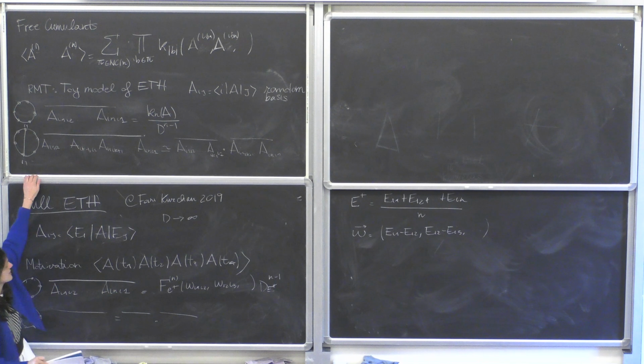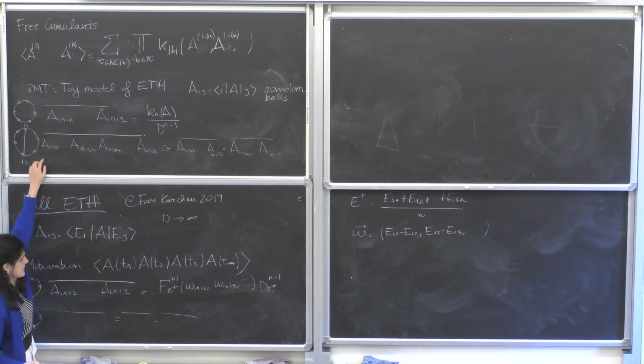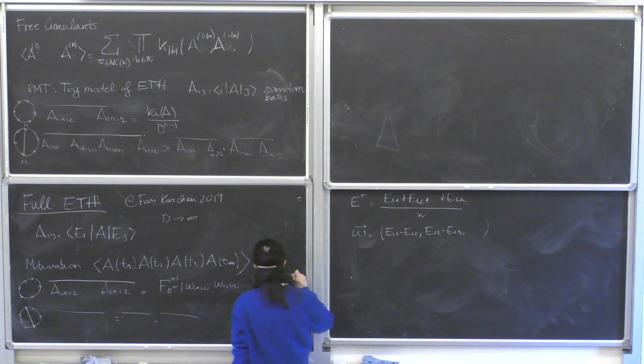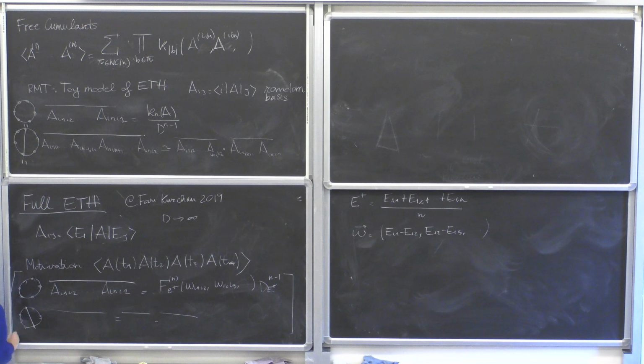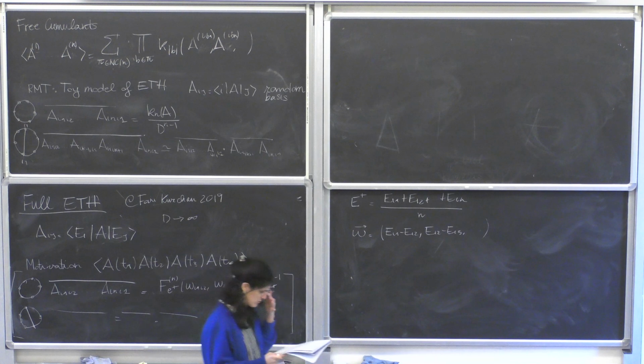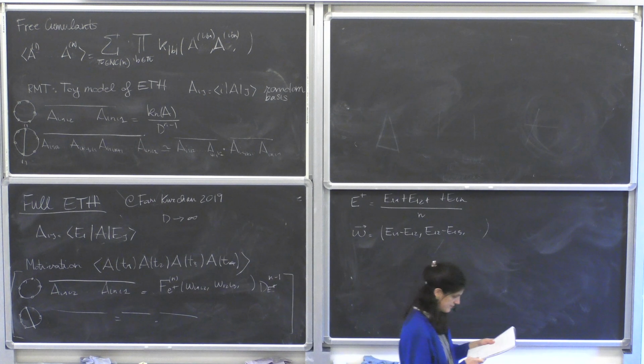It's the same as this one. Okay. So this is in a nutshell the essence of this kind of full eigenstate thermalization hypothesis: namely, to go beyond the two-point function and allow the matrix elements to have more information.